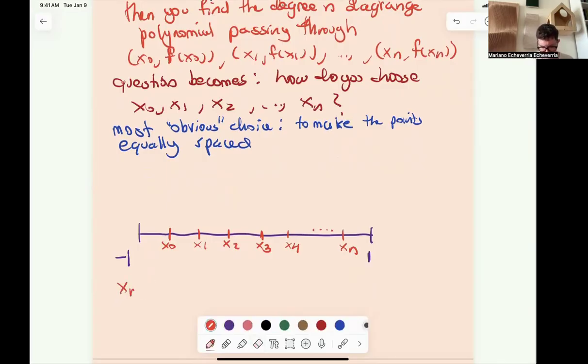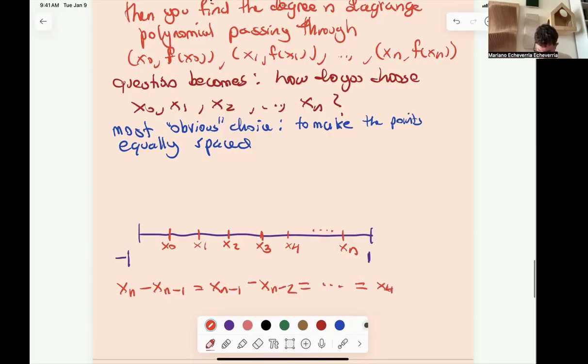What I'm saying is that in equally spaced points, xn minus xn minus 1 is the same as xn minus 1 minus xn minus 2, which is the same as x3 minus x2, which is the same as x2 minus x1, which is the same as x1 minus x0.